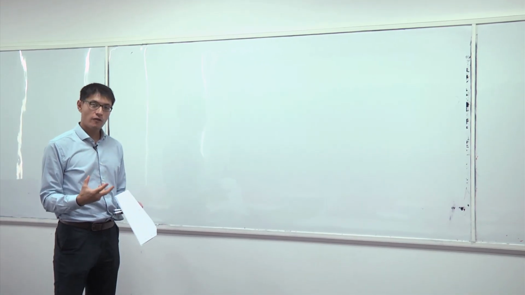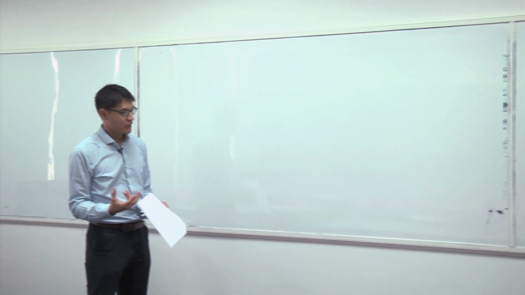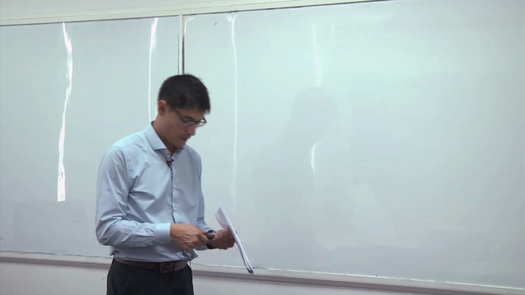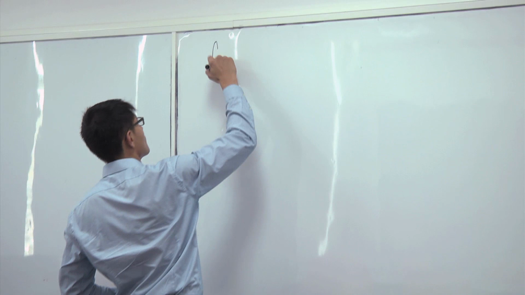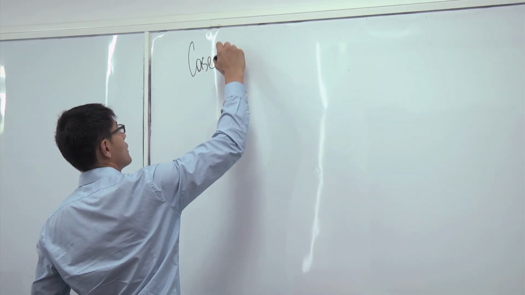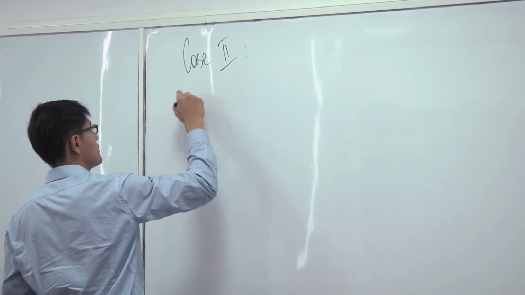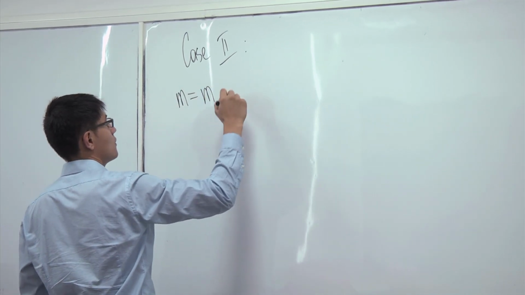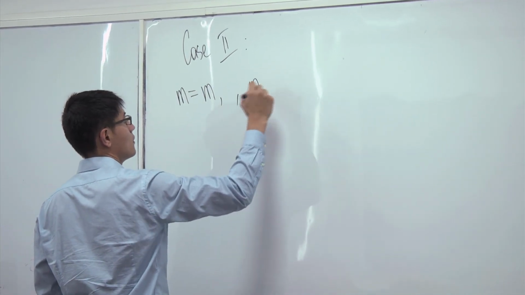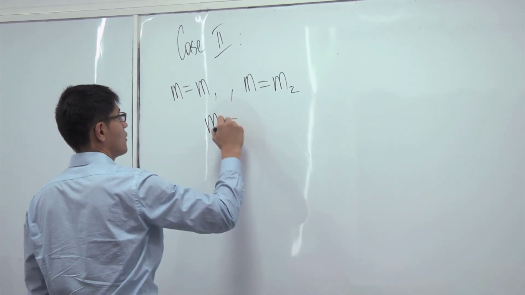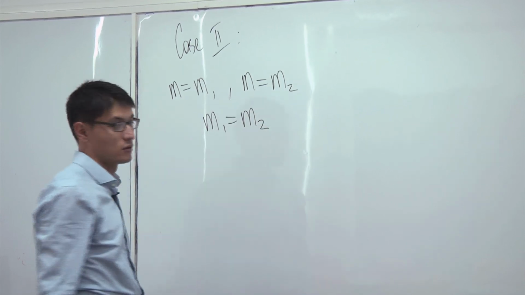Case 2, when you solve the characteristic equation, is you get 2 repeated solutions. And m1 equals m2.